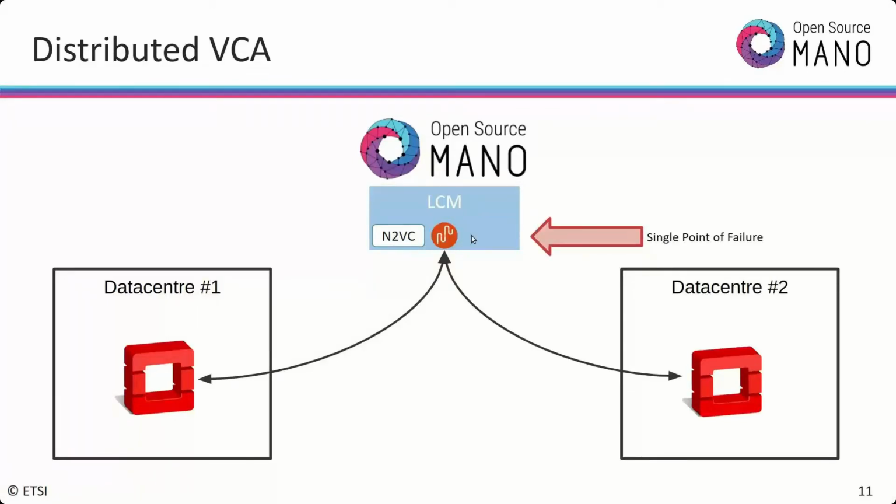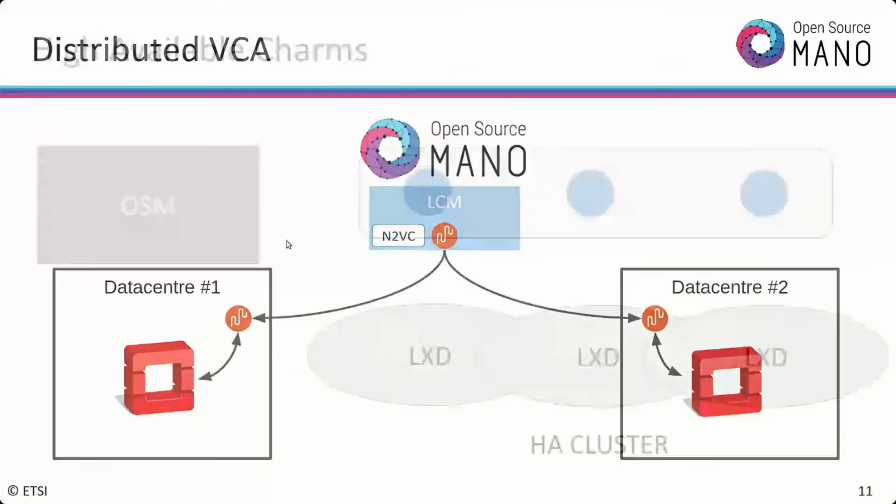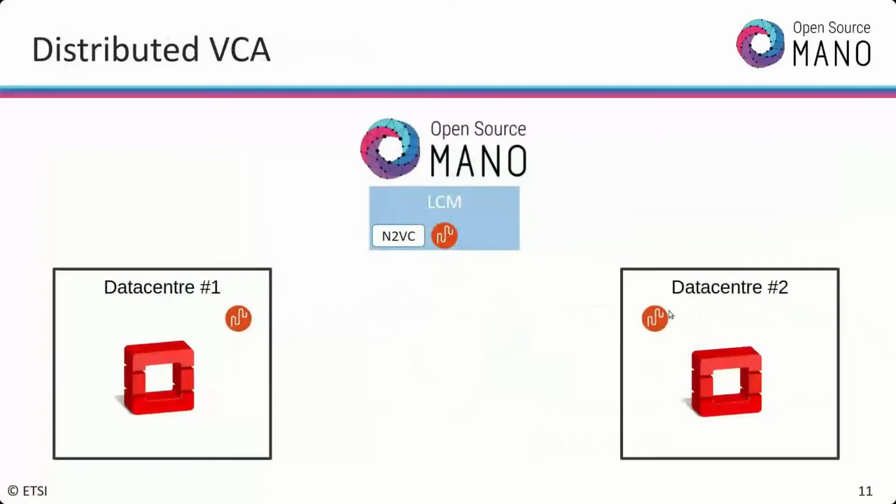So what we could do is we could scale the controllers horizontally and then distribute these, and have additional VCAs co-located in the data center so that they're actually doing work directly with the OpenStack or Kubernetes or whatever it happens to be that are co-located with it.